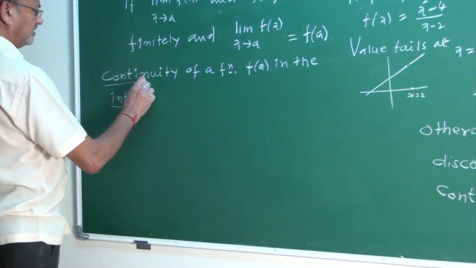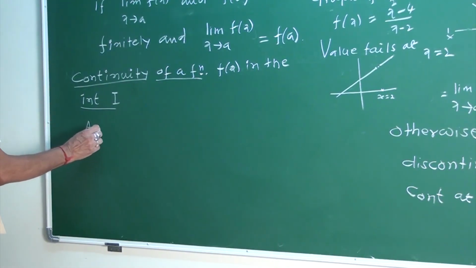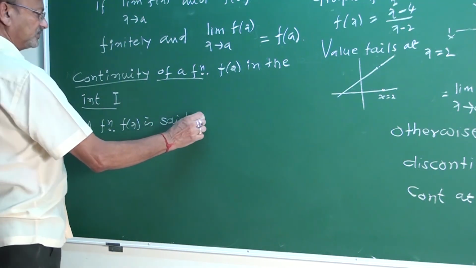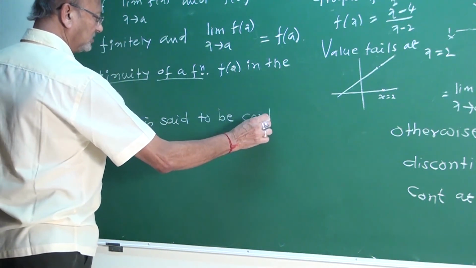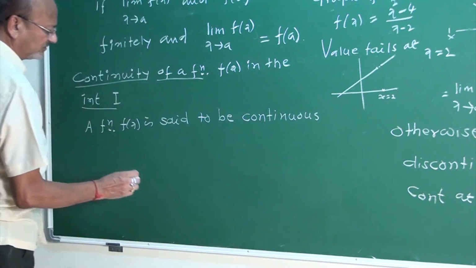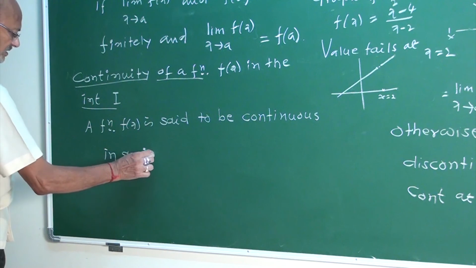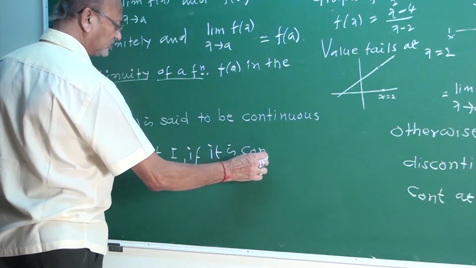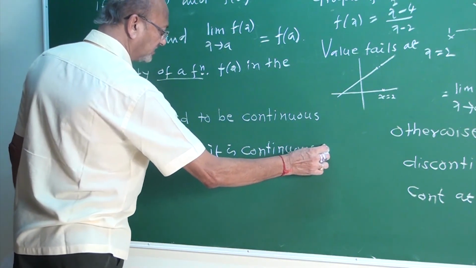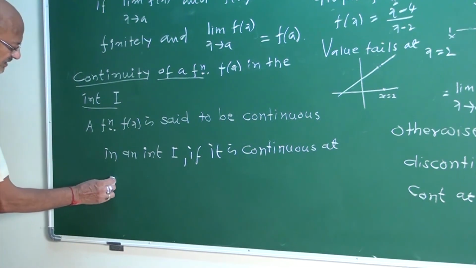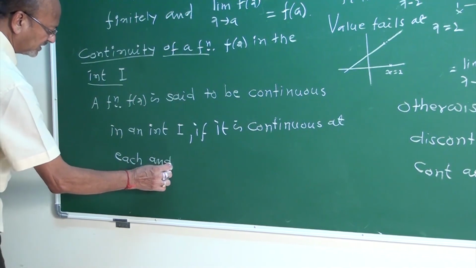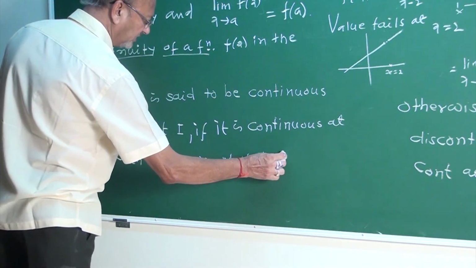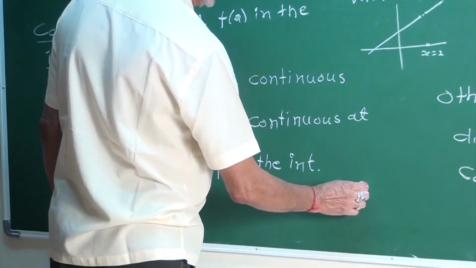A function f(x) is said to be continuous in an interval I if it is continuous at each and every point of the interval.